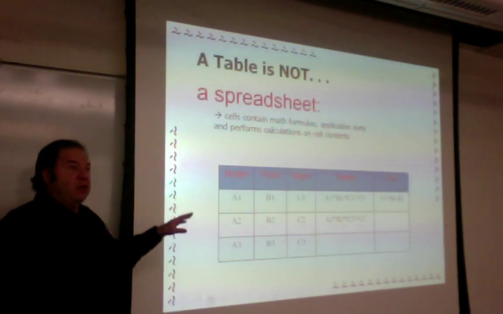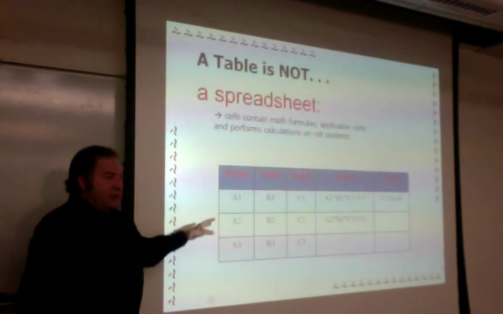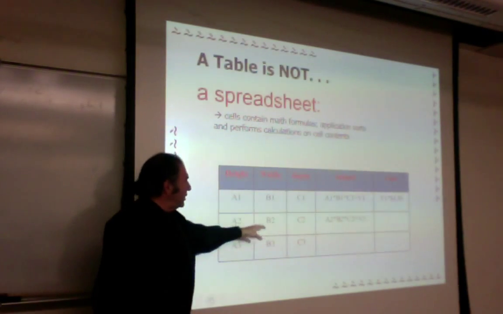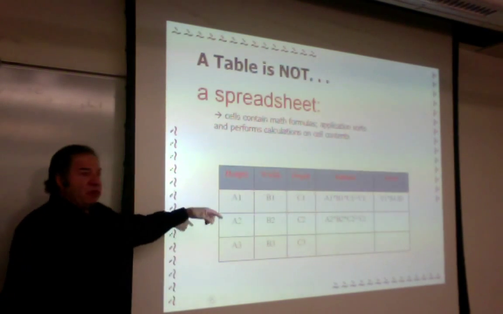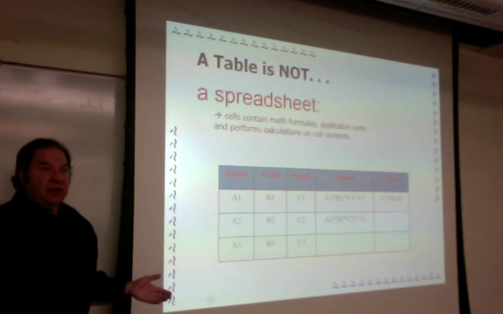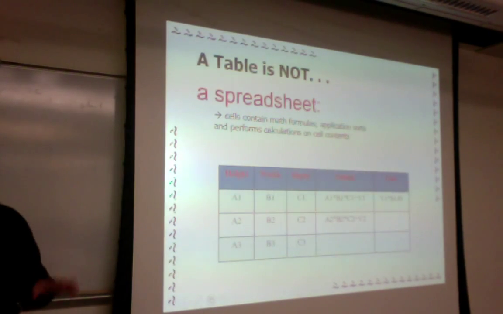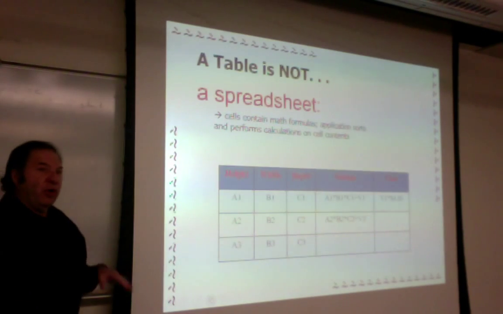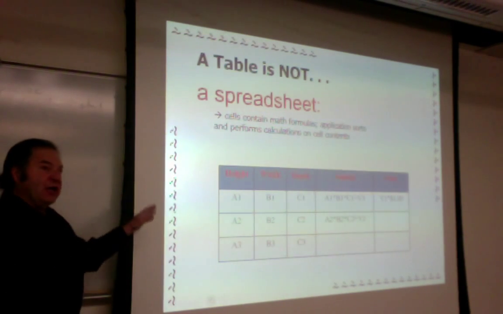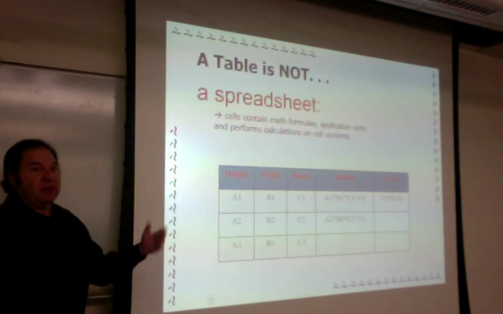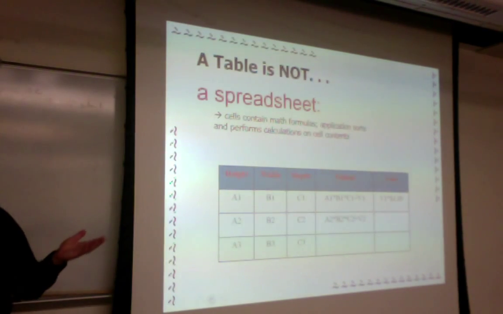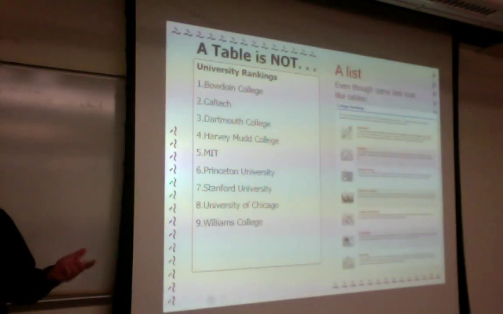And you can, by simply manipulating the various numbers within the cells, apply those formulas and come up with different results. And that's different from a table. A table, there's no manipulation. It's just the numbers. In Word, you have to first create a spreadsheet before you can create a table. All right? Not all versions of Word, but in the one that we've got here at the CAE.